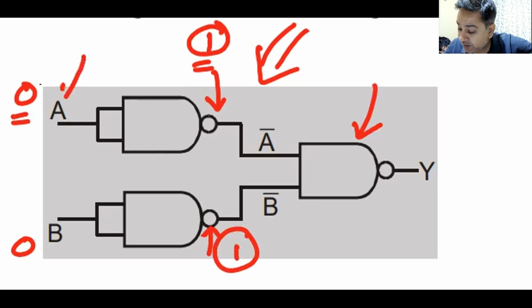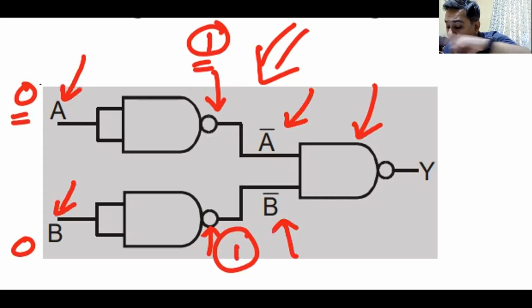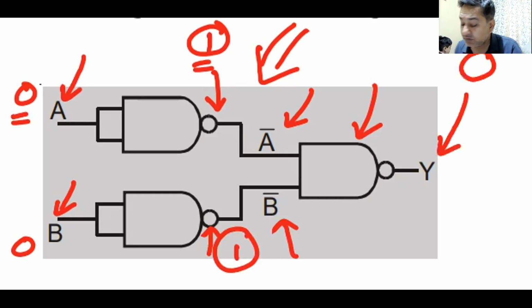Here I put A, here I get the complement of A. Here I put B, I get the complement of B. So now I get 1 and 1 here. When I put 1 and 1 in the NAND gate, what do I get at the output? 0. Now look at the entire picture. When I'm putting 0 here and 0 here, I am getting 0 here.